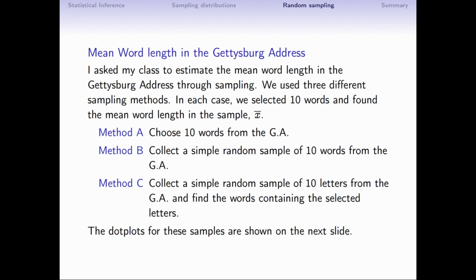In method B, I literally wrote out all of the words in the Gettysburg Address as a giant list, and I had random.org just pull 10 words at random from that list. So that would be simple random sampling from all the words in the Gettysburg Address. Method C was a little more obscure. Here you have to imagine removing all the punctuation and all of the spacings between the words and just creating this dense array of letters.